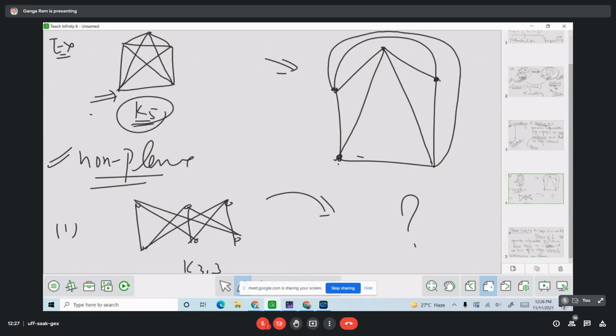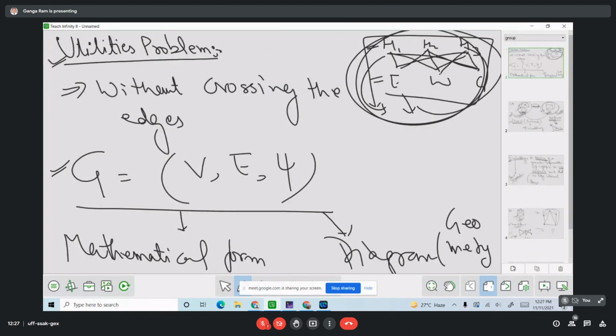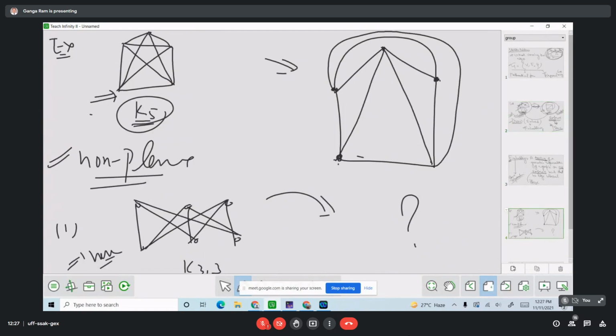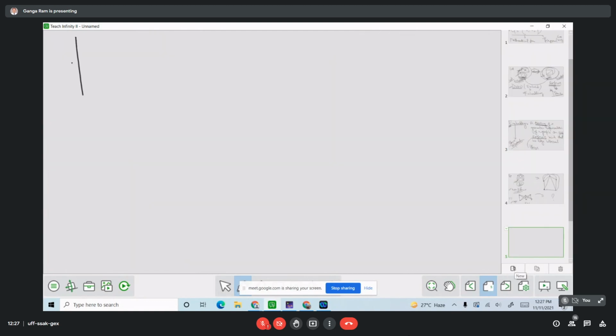So tell me, this graph is non-planar. Okay, and this is also a non-planar graph. This graph, because it has a geometrical representation without crossing the edge, is a planar graph. Okay, clear?